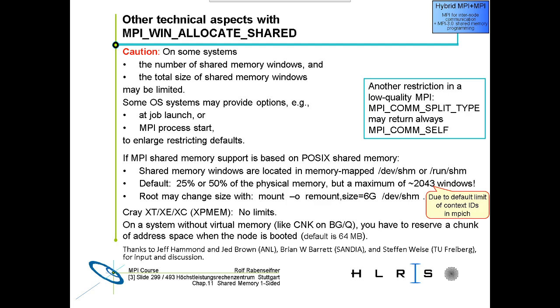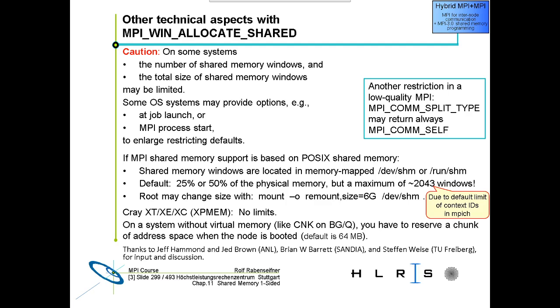This is something that may happen in systems, for example, that provide shared memory support based on POSIX shared memory that will reserve by default maybe 25% of the physical memory and define the maximum of 2043 windows. Just as also a default limit inside the other MPI implementations.